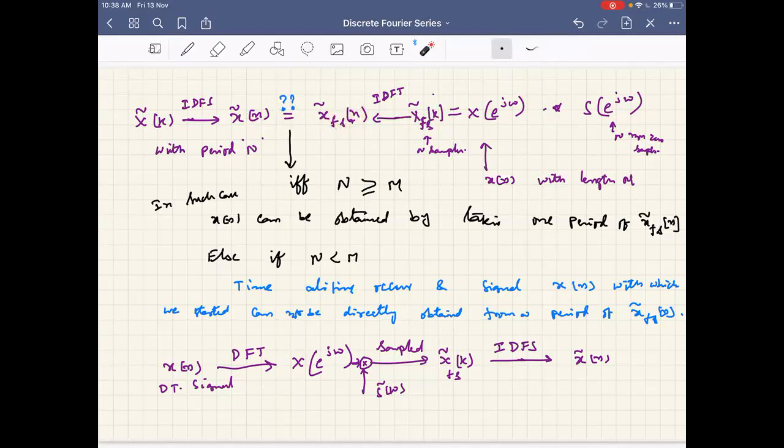These two will be equal only when N is greater than or equal to M. Otherwise there will be time domain aliasing. This is what was discussed in the previous video lectures. So now it is open for questions.